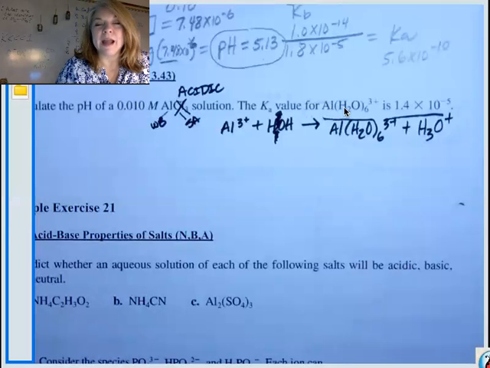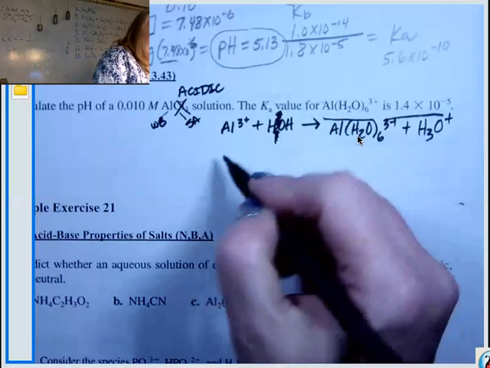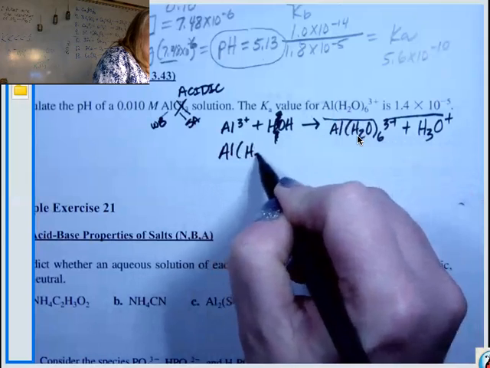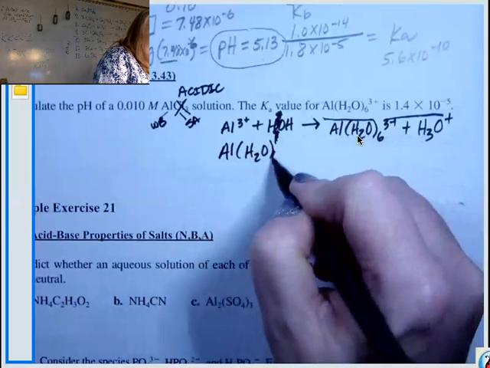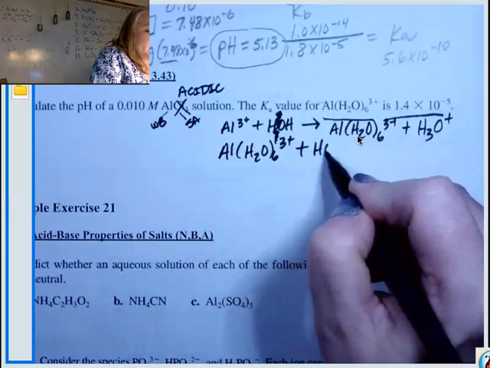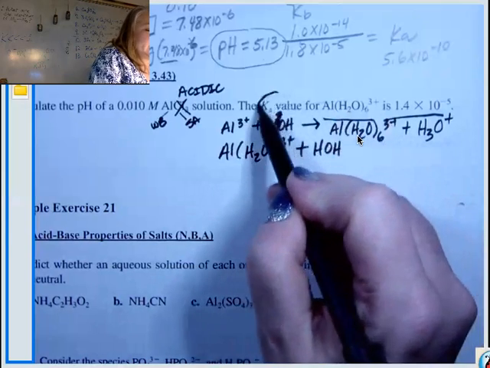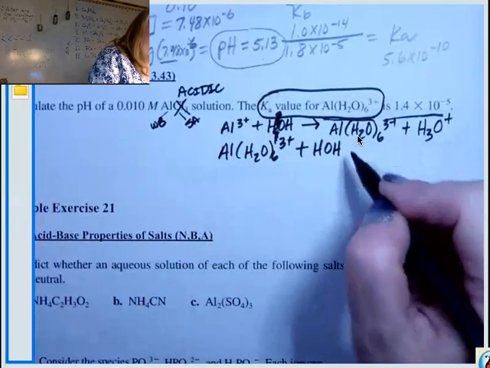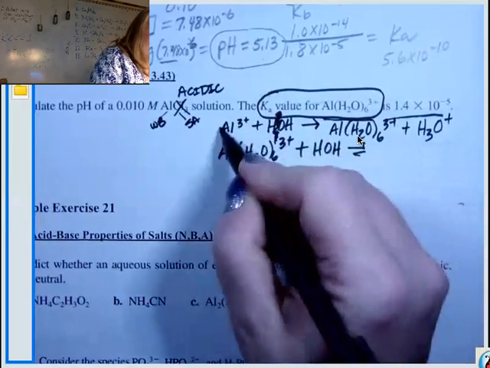Right. And we have a Ka value for this. Exactly. So let me do something here. If this acts as an acid, Al(H2O)6 3+, and you put this in water, because they're saying this is the Ka value for this, let's just get rid of this other equation.